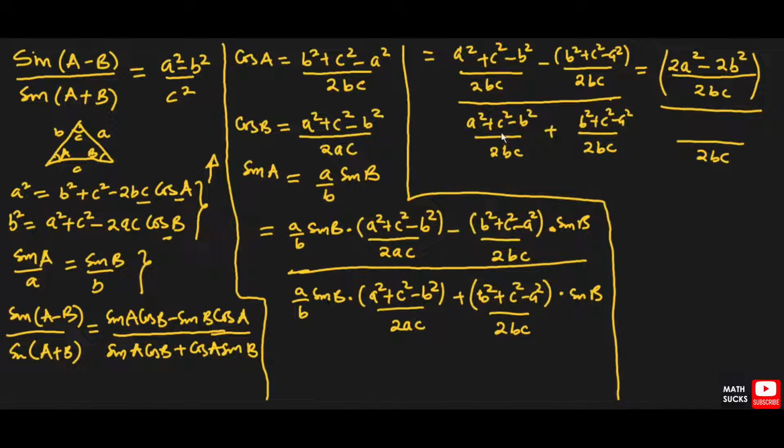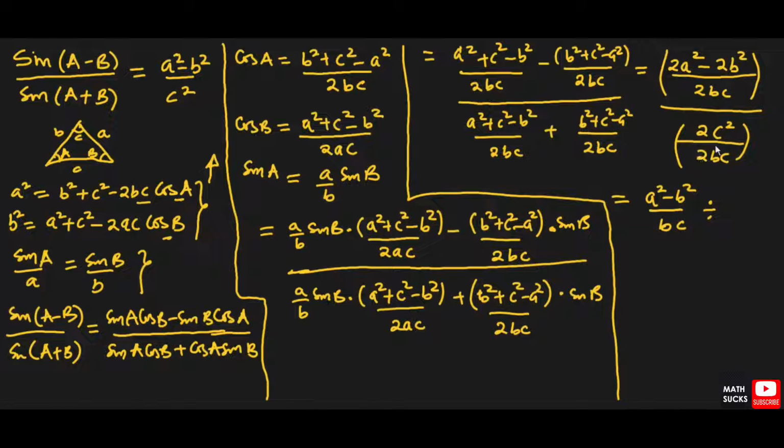So what is surviving in the numerator is the c squared that forms the 2c squared. Now let's try to simplify. The 2's can cancel. If you factorize out the 2, it can go with that. And then we basically have a squared minus b squared over bc.